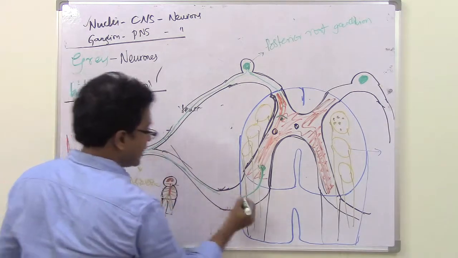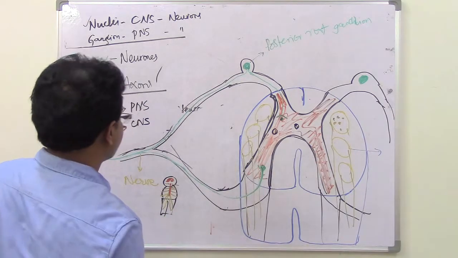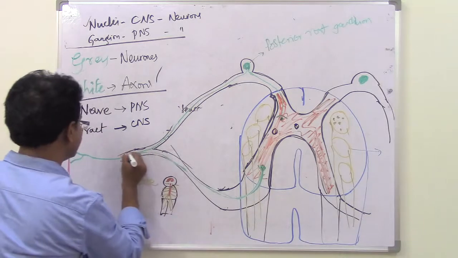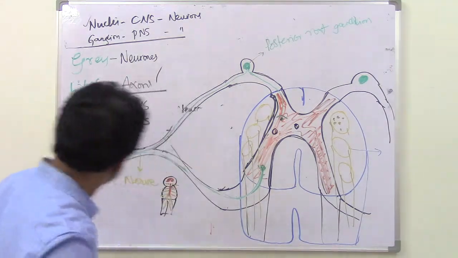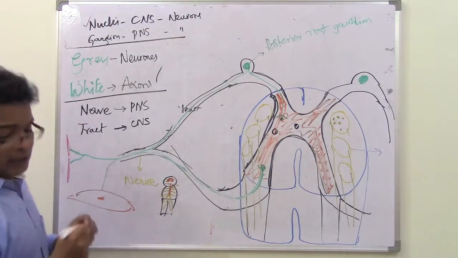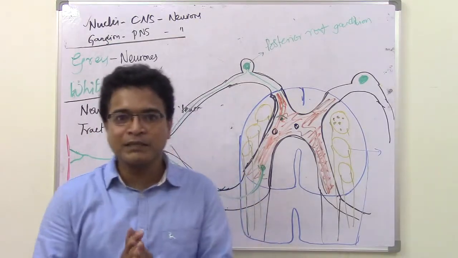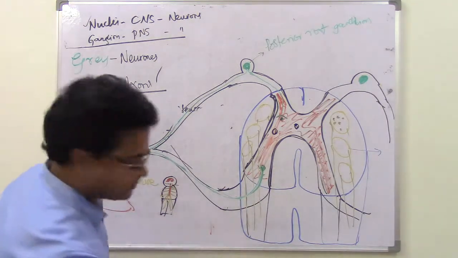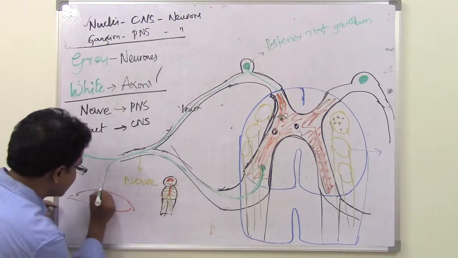It comes out through the anterior nerve root, and it's going into an effector organ. Maybe this could be a muscle. This is a small muscle. Okay. So what is motor? Motor is movement. Motor means movement. And it is an effector. It ends in a neuromuscular end plate.